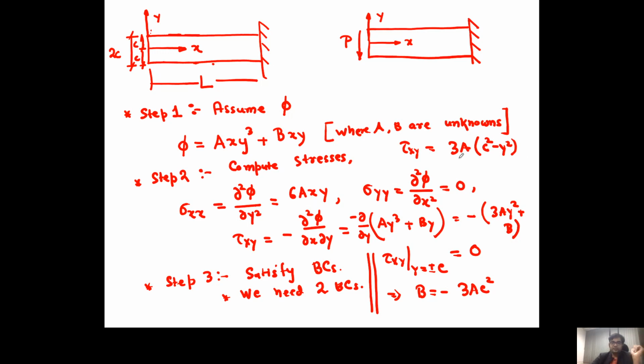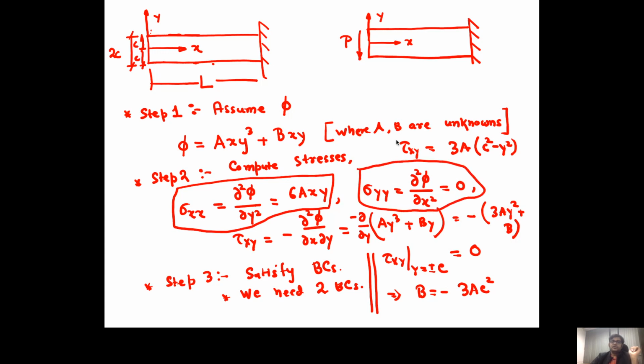So this is the equation. This is your tau xy after satisfying one boundary condition, right?